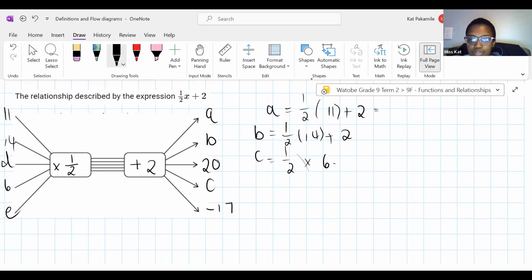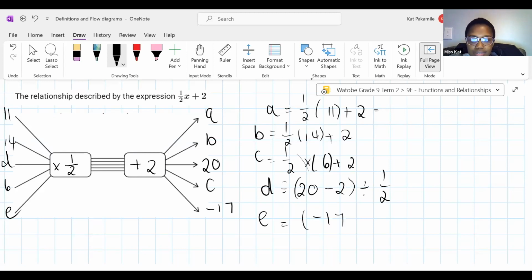Oh, I almost forgot my brackets. Teacher's going to kill me. D, where's D? D, this time starting from 20 minus 2. We're going the opposite way, divided by a half. And E is also going to be negative 17 minus 2 divided by a half.